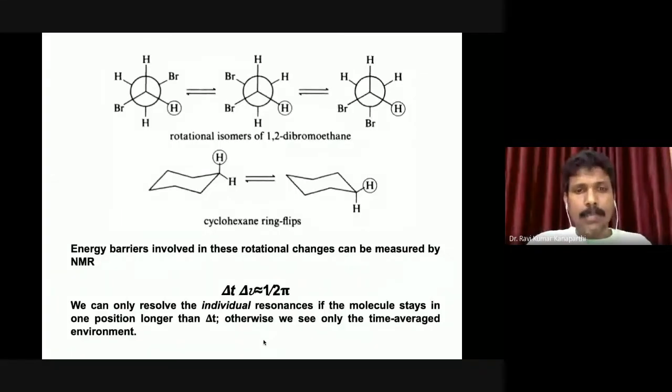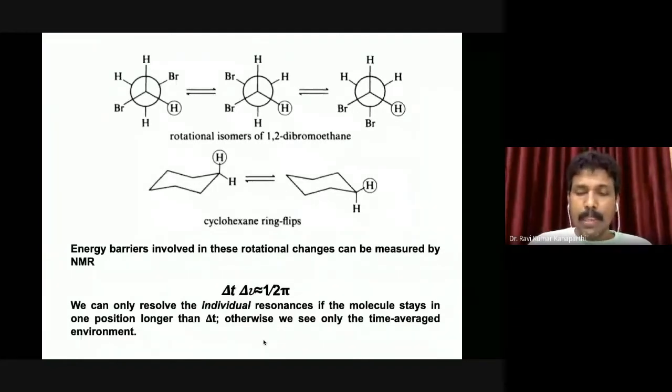So, restricted rotation. We are discussing cyclohexane, which has axial and equatorial protons. At normal temperature, the usual case is that both are identical with regard to NMR spectroscopy, and chemically also both are the same, so we anticipate only one NMR peak.